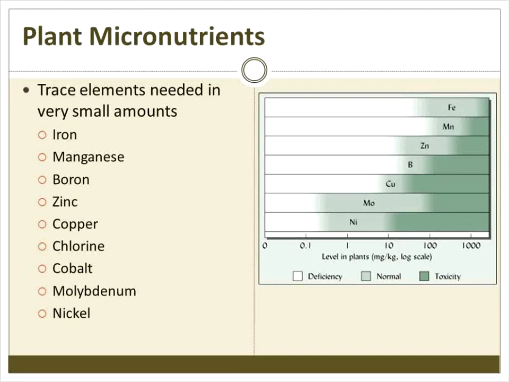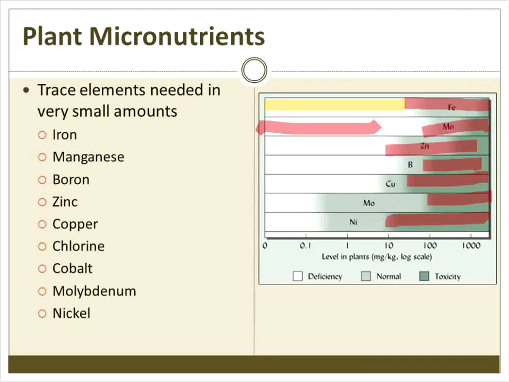Let's go this route. You have deficiencies, we'll do in yellow, and you have toxicities, we'll do in red. Alright? So a nutrient can be toxic, or a nutrient can be deficient.